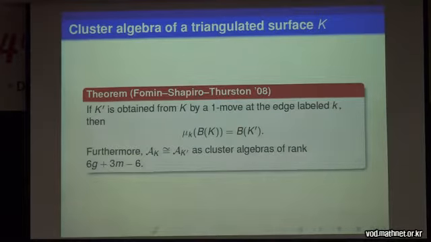Here is the theorem. If K prime is obtained from K by one move, here just one move, maybe not a bistellar move, then you can do the matrix mutation, and you get cluster algebras which are isomorphic.